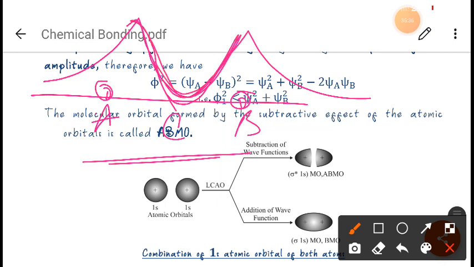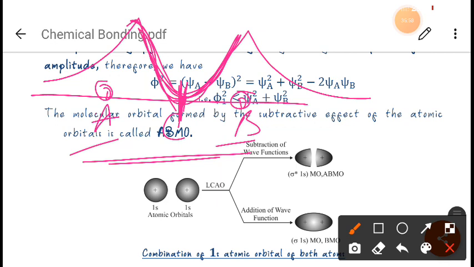As you can see the curve, right? It is decreasing. Now curve X, a curve on an x-axis. When I talk about the curve on an x-axis at a point C, here, between this A and B, the point C is what? It is a nodal plane. Nodal plane means where the density of finding an electron is approximately zero, right?